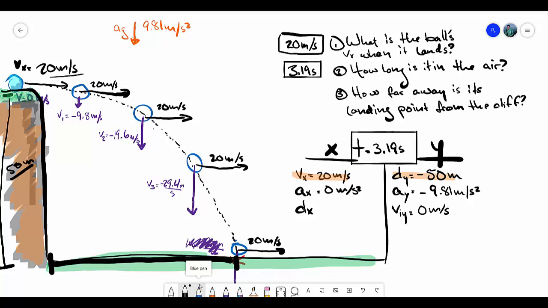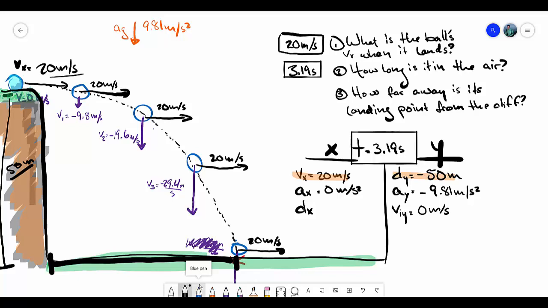I'm only working with values on the right and only with values on the left. Only working with y vectors, only working with x vectors. And the only bridge is time. Time is the value I can use to extrapolate information like that distance x.